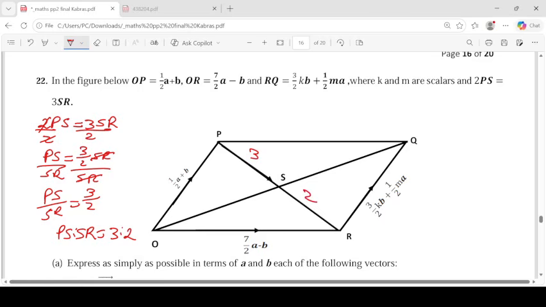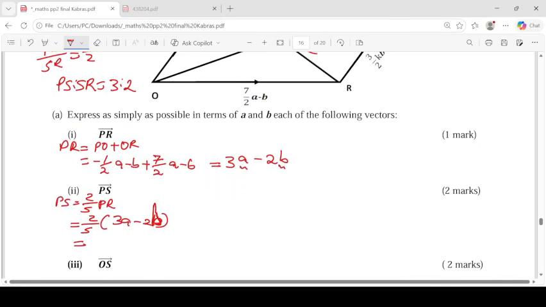If this is the case, then I'll be fine if I say that my PS is now given by 3 over the total 5 of PR. I hope I've clarified that concept. So PS is 3 over 5 of PR, not 2 over 5. I hope you've seen how that question should be done.